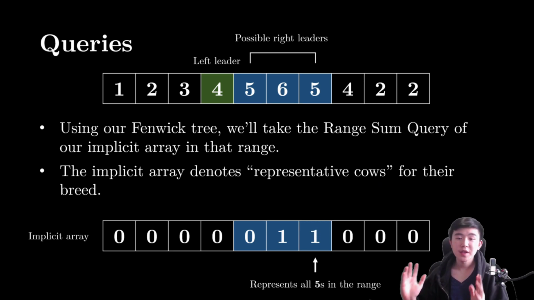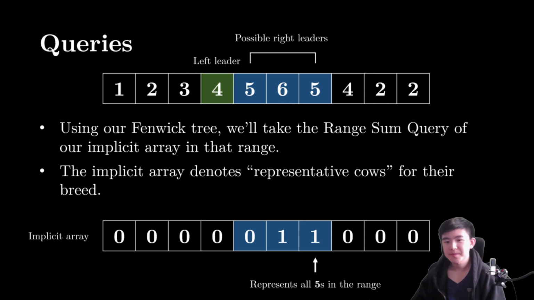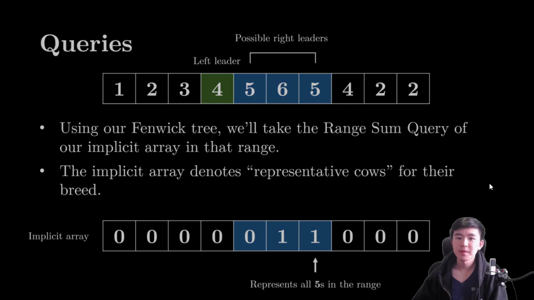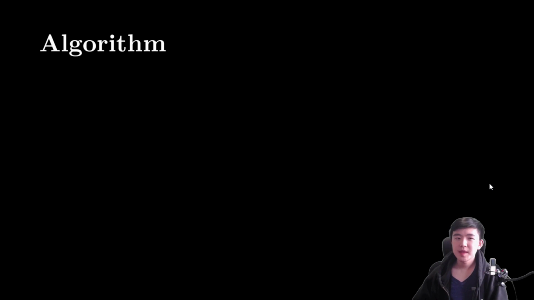So taking the range sum query of this only gives us one 5. Of course, the representative cow might not be the cow that can actually be a right leader, but remember, we only want the number of unique breeds in the range, so we don't need to know which cow can be a right leader. So keep this idea of representative cows in mind because it will be very useful for our problem. So now the actual algorithm.